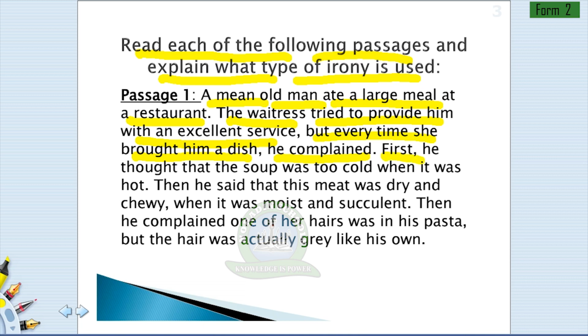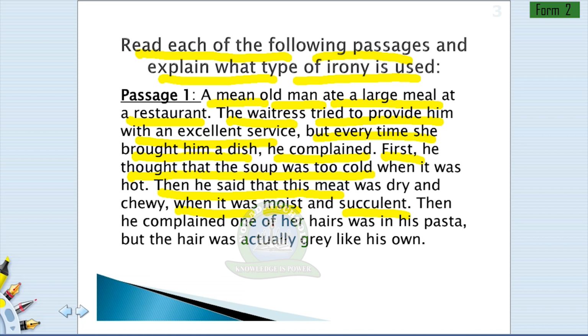First, what happened? He thought that the soup was too cold. When it was hot, it wasn't cold, but he thought that it was cold. Then he said that this meat was dry and chewy, when it was moist and succulent.